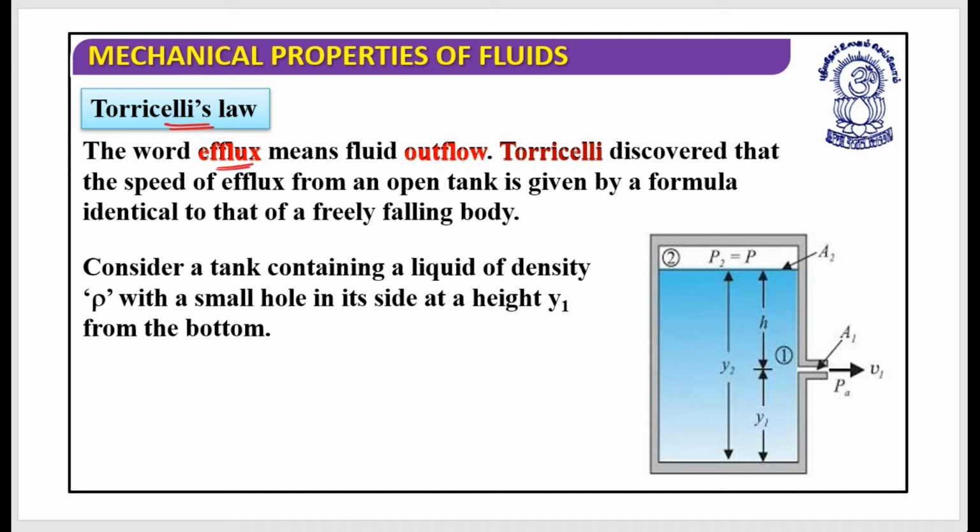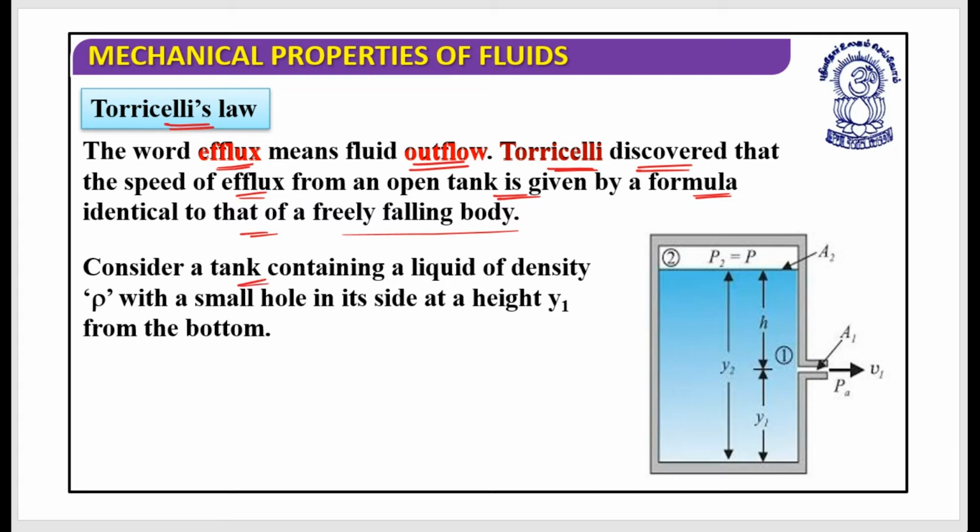The word efflux means fluid outflow, and Torricelli discovered that the speed of efflux from an open tank is given by a formula identical to that of a freely falling body. So how did he derive this? Let's understand.